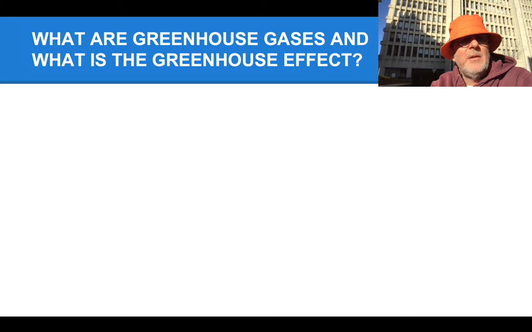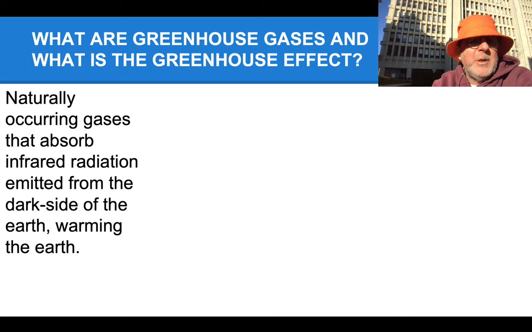So what are greenhouse gases, and what's the greenhouse effect? We should know this because it's a huge part of your reality, my reality, the reality of the Earth. Greenhouse gases are naturally occurring gases that absorb infrared radiation emitted from the dark side of the Earth and warm the Earth.